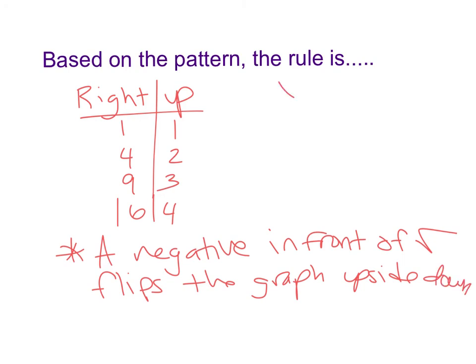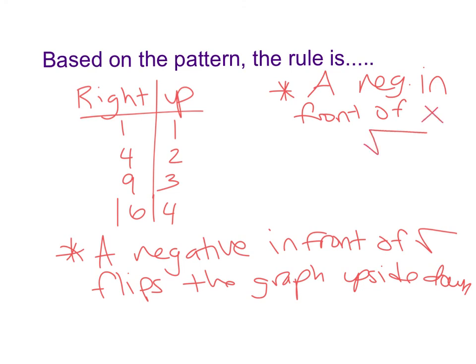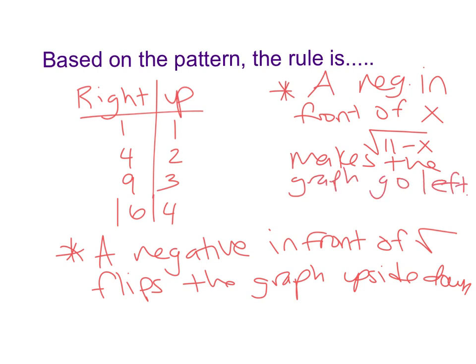Okay, I'm running out of space. And then over here, a negative in front of x. Right, the square root of 11 minus x makes the graph go left. All right, so those are your rules.